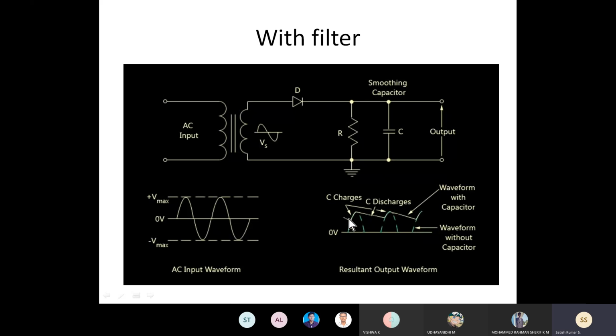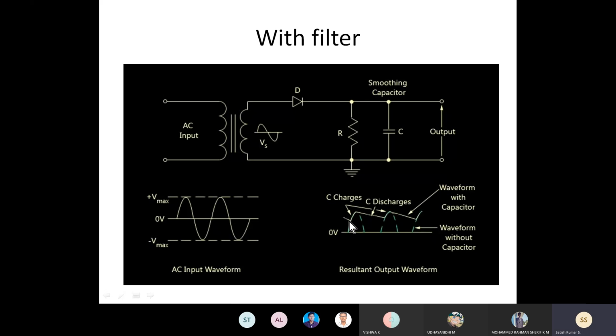Please look at this graph. The other diagram will be similar: AC is given, there is a transformer, a diode, and this is the load resistance. After the load resistance, we connect a capacitor. The purpose of the capacitor is to remove the unwanted AC voltage, as shown in this graph, where we get zero to peak and back to zero.